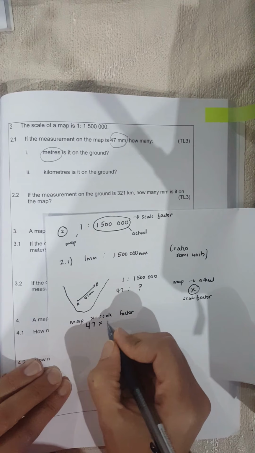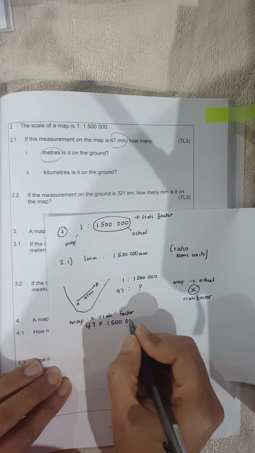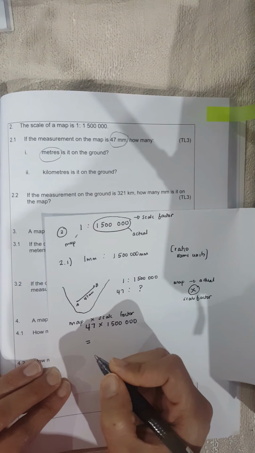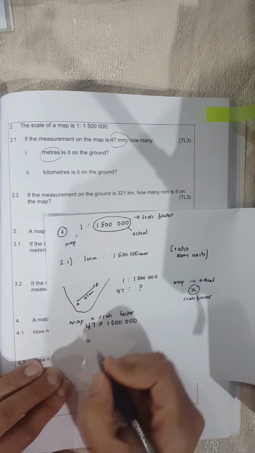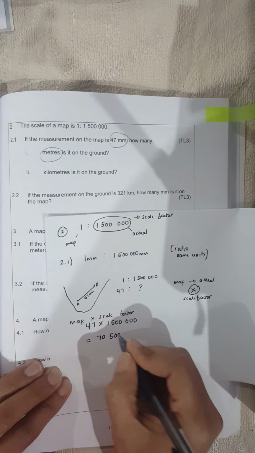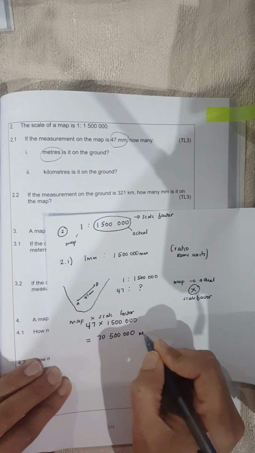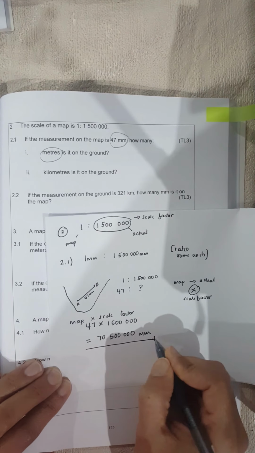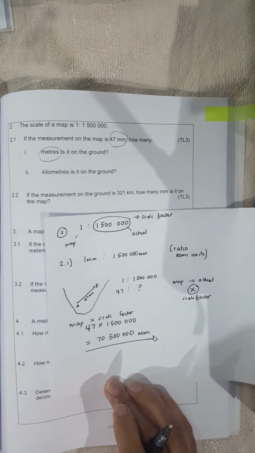I'm saying 47 times 1.5 million, and the answer should be 70.5 million if you do it on your calculator. Remember, we're working in millimeters, so that's our answer.